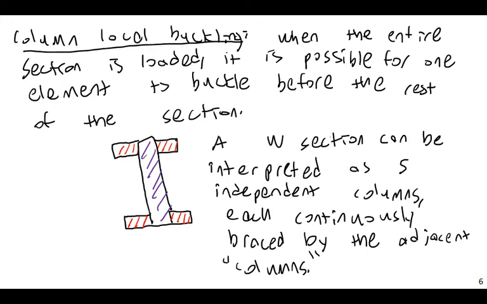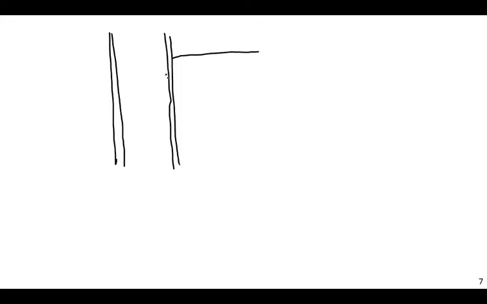For example, if I have a big strong steel column here, and into this I connect a beam. I'm ignoring the connection details here and just showing it butting up against it. This is definitely going to serve as a major brace.